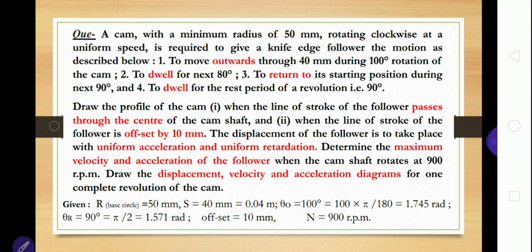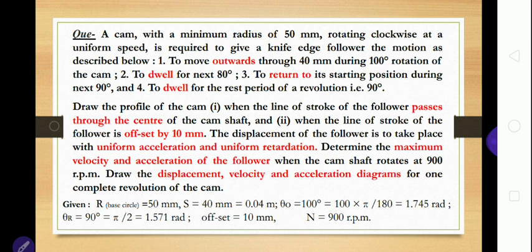Next we will read the problem. Draw the profile of the cam when the line of stroke of the follower passes through the center of the camshaft. So firstly we draw the cam profile with the axis of the follower passing exactly through the axis of the camshaft, and secondly when the line of stroke of the follower is offset by 10 mm.